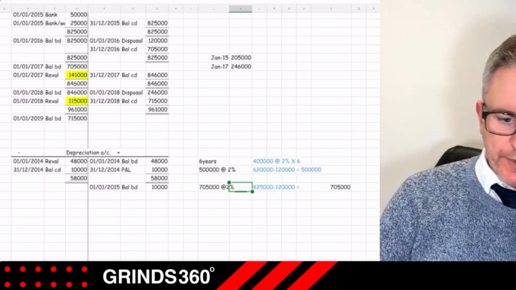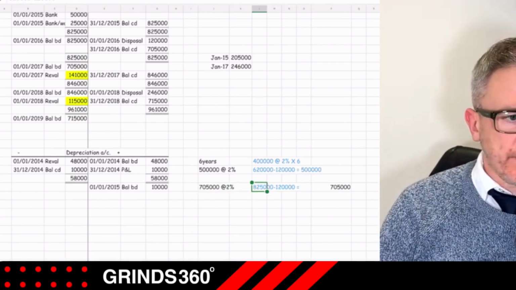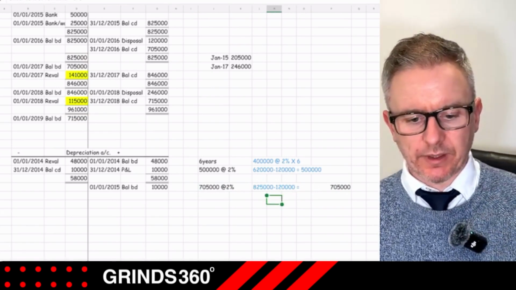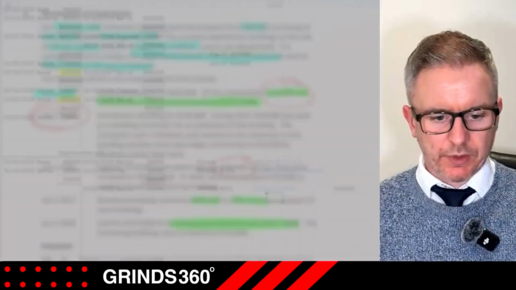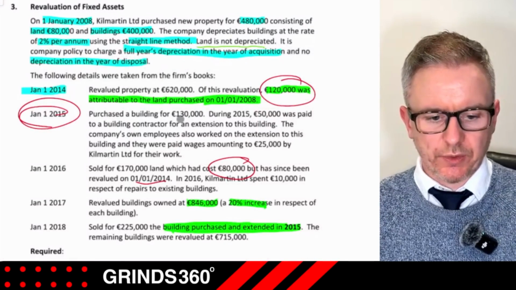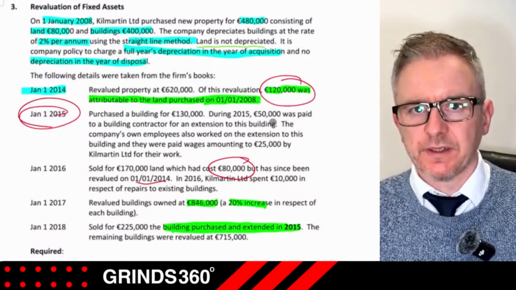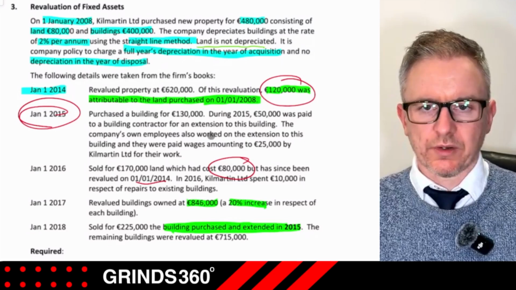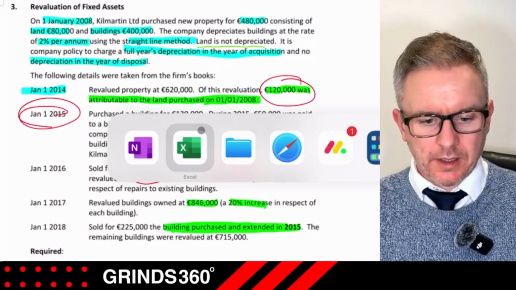Just to recap on that, the 825, that was the cost, including the land. So get that land out of there, the 120. Because when you purchased your new building for 130, there was 50,000 paid for an extension, 25,000 to your own workers for their wages. Let's go back and look.